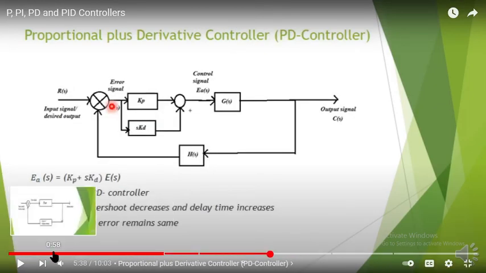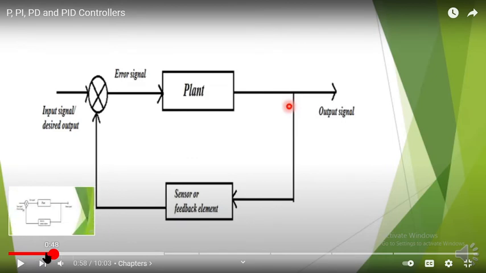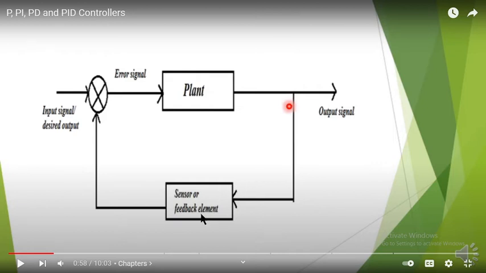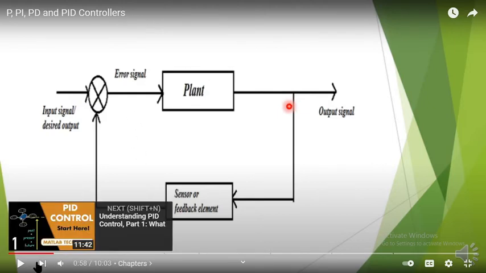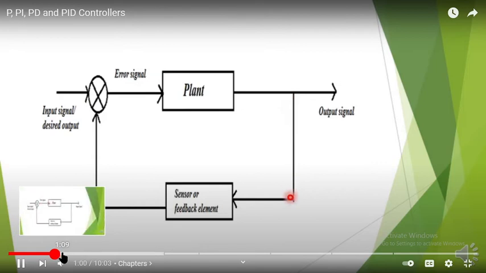Here you can see on your screen that this is the plant, and whenever you provide a feedback loop, then we get an error, and if this error is sent directly to the plant, then the optimization of the plant will be disturbed, or there will be some malfunction in the plant.